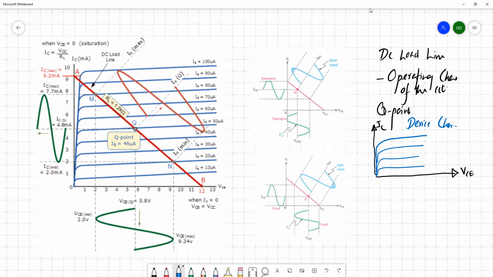First, you have to simplify the circuit to get the DC equivalent circuit by replacing all capacitors with open circuit elements and inductors with short circuit elements, because capacitors and inductors behave as open and short circuits when we apply a DC quantity.